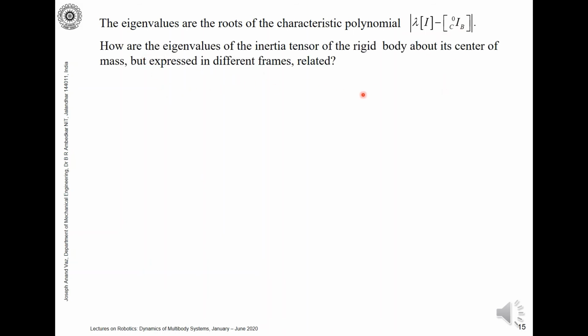Now, how are the eigenvalues of the inertia tensor of the rigid body about its center of mass, but expressed in different frames, frame 0 or frame B, related to each other? Let's start with the characteristic polynomial. The determinant of lambda I minus I_B with respect to C expressed in the frame 0.